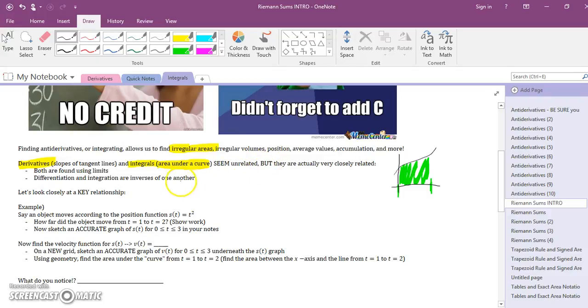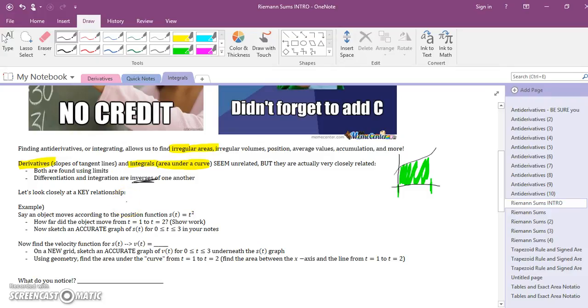They are actually very closely related because they're both found using limits. Remember, the formal definition of a derivative uses a limit, the limit as h goes to 0 or the limit as x goes to a. And also, these two processes, differentiation, finding a derivative, and integration, finding an integral, are inverses of one another. So they undo each other, just like multiplying and dividing would undo each other.